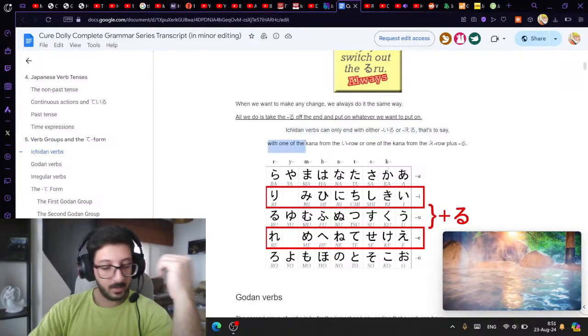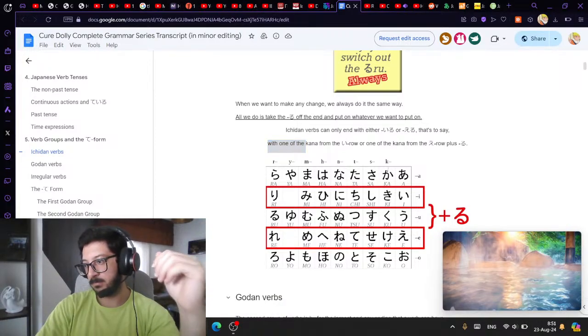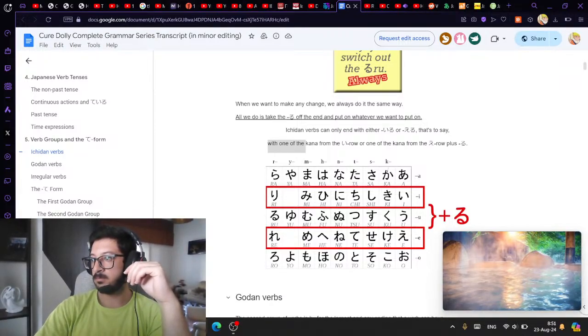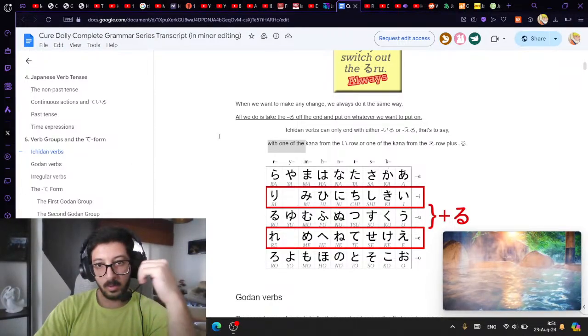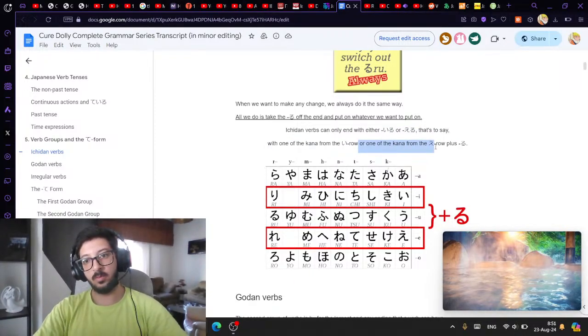With one of the kana from the E row or one of the kana from the A row plus ru.